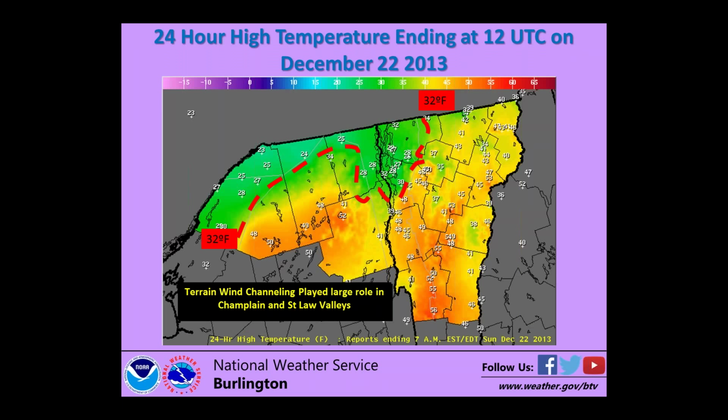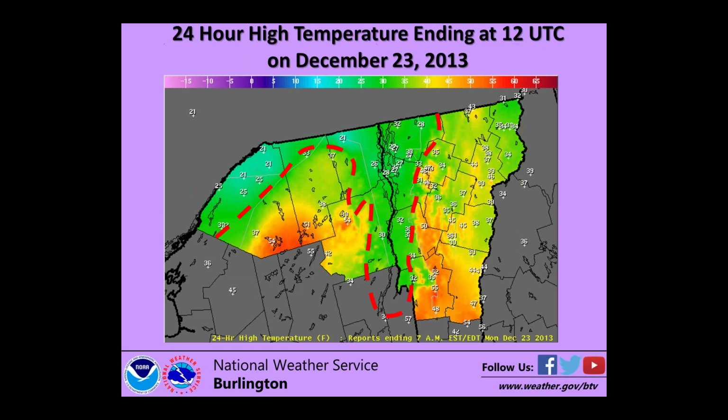And what caused that, you can see on this map, the freezing temperature, 32 degrees. Basically everything south of the red dashed line was above freezing, but then those areas were hit hardest. The maximum temperature for the day on the 22nd remained below freezing, and therefore it allowed for lots of ice to form at the surface.